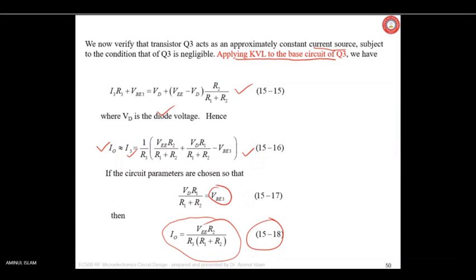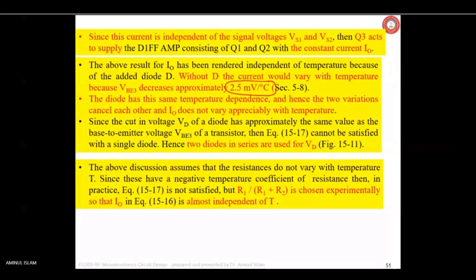The diode voltage VD is 0.7 volt for silicon, and that voltage is getting divided by this resistor, so it will be further reduced. But what VB do we need? We need at least 0.7 volt VB, no?